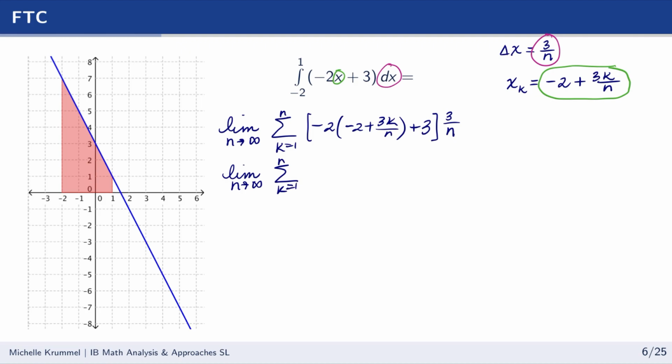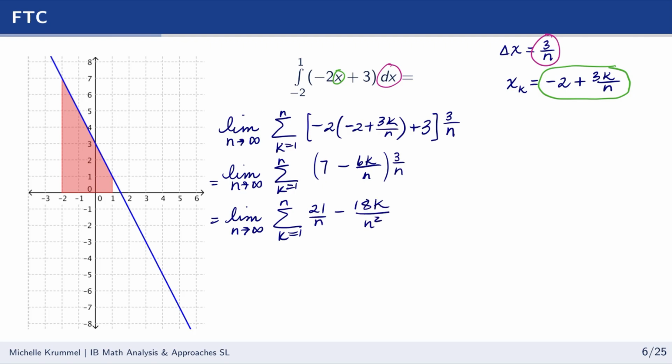So I'm going to distribute the negative 2. 4 minus 6k over n plus 3 is going to actually make this a 7. And then I still have to multiply by 3 over n. So 21 over n minus 18k over n squared.